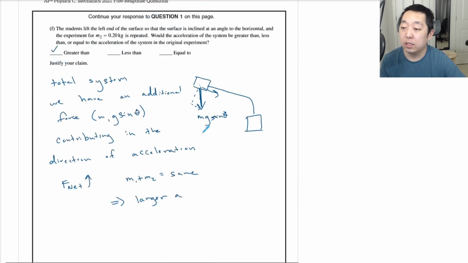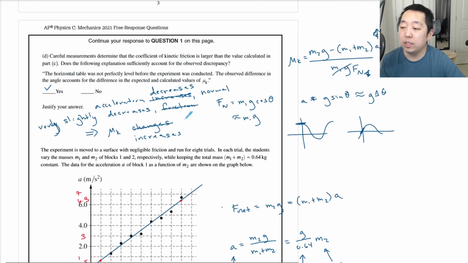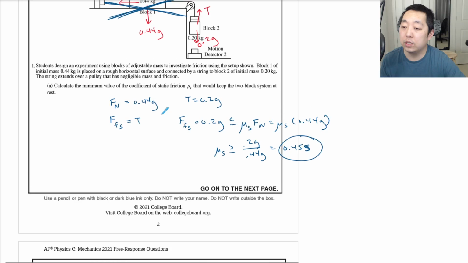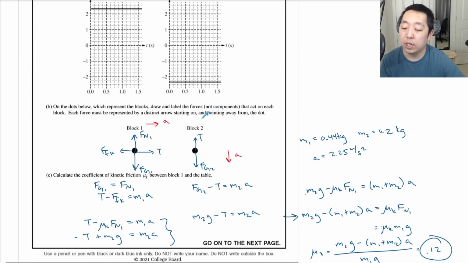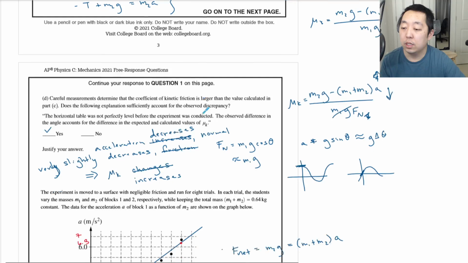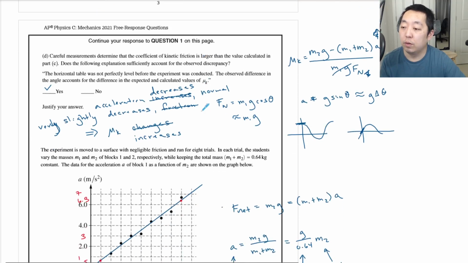For A, I thought this problem was simpler than the fan one. I thought the fan one was a little tricky. You could have gotten tripped up with the fan changing direction. So I thought this one was a little bit easier, a very straightforward problem.